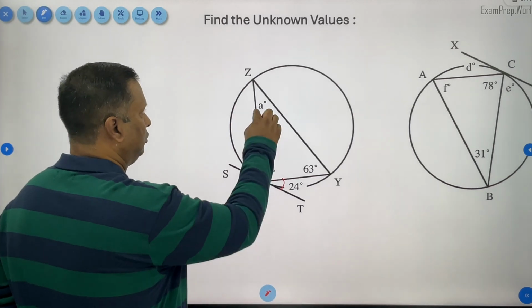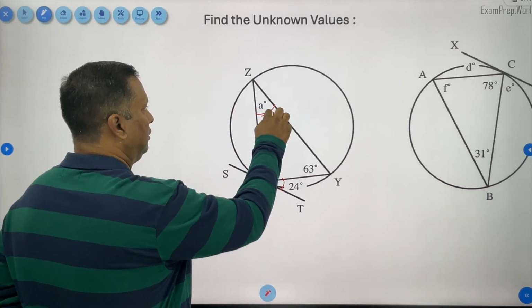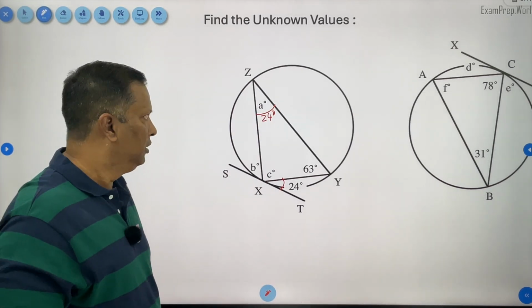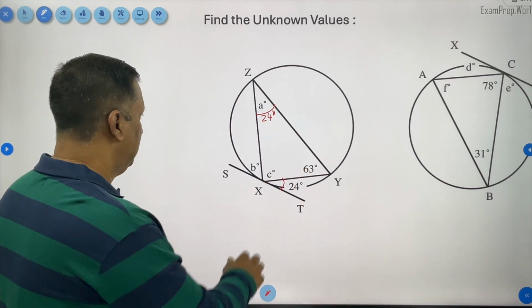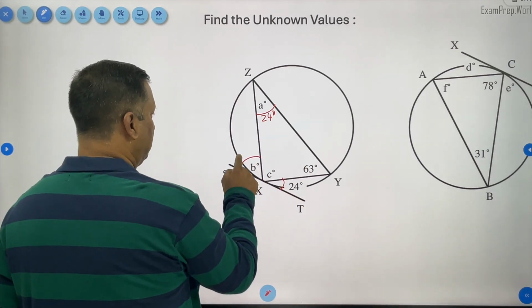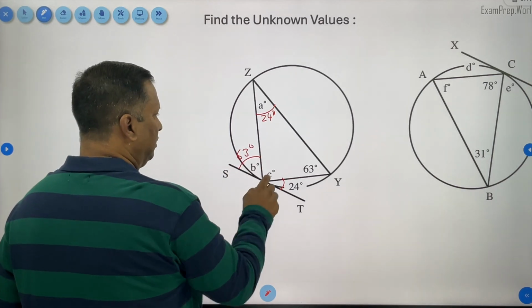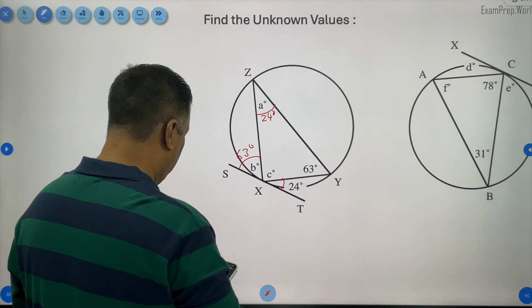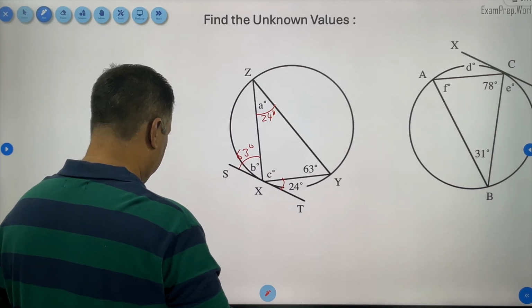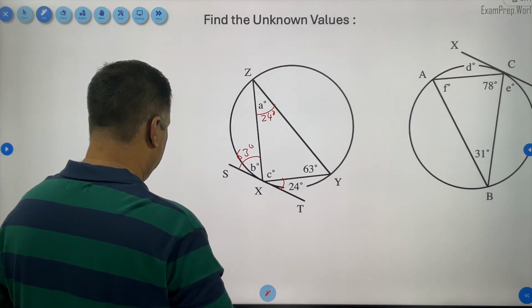This is 24, so A has to be 24. As simple as that. Now 24 and 63, how much is it? And this is 63. This also has to be 63. Now C will be 180 minus 63 plus 24. So 180 minus 63 minus 24 is 93.